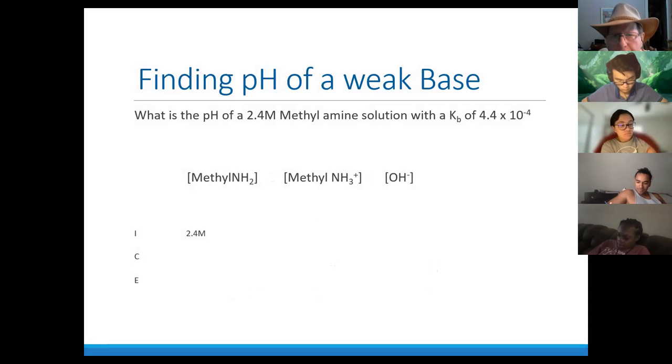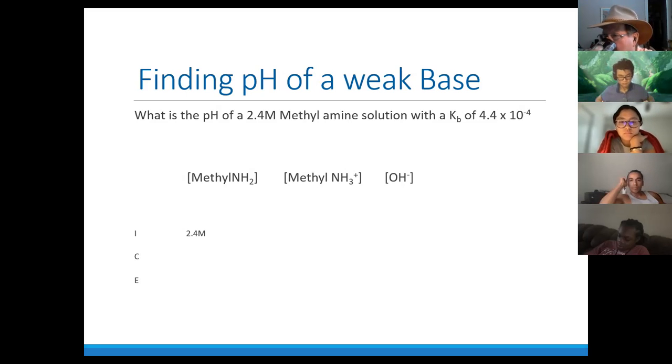All right, so what is my equilibrium concentration of methyl NH3 plus and OH minus? What's that going to be? 0. Equilibrium. Do you know what it is? No. Call it X. Okay.